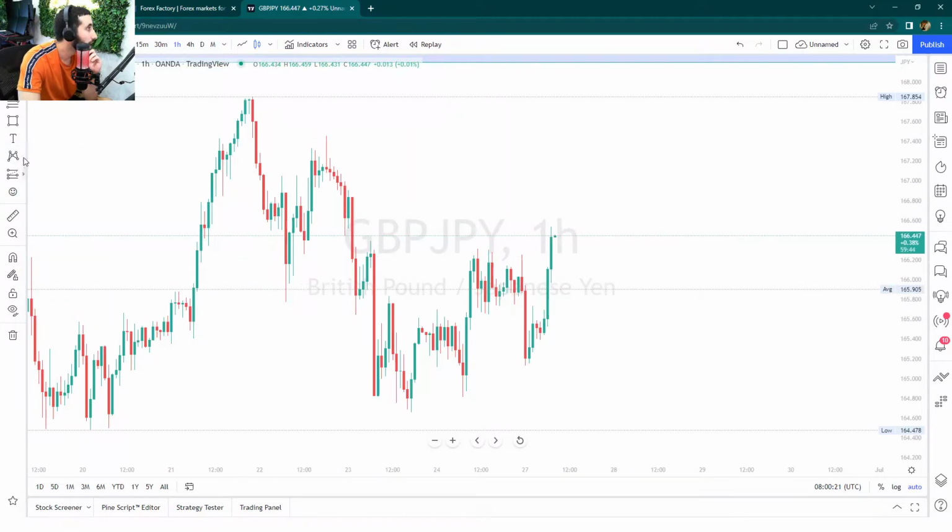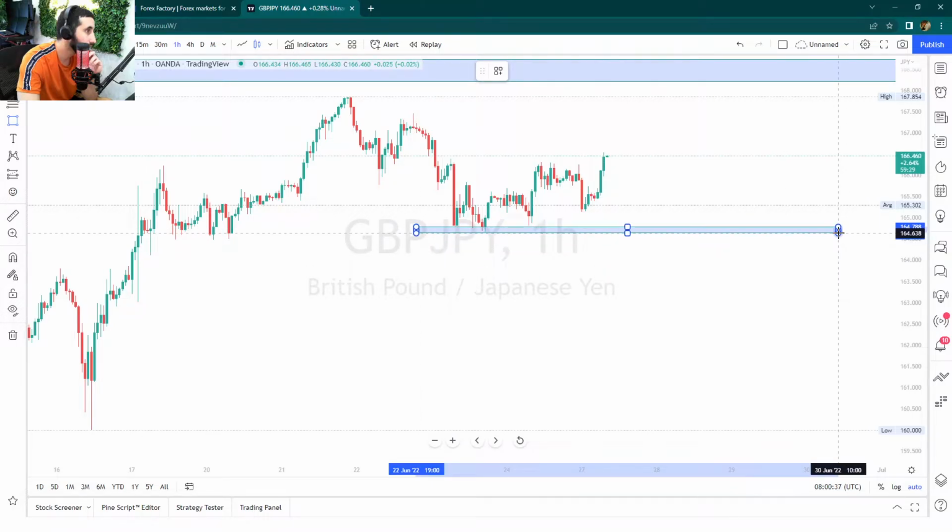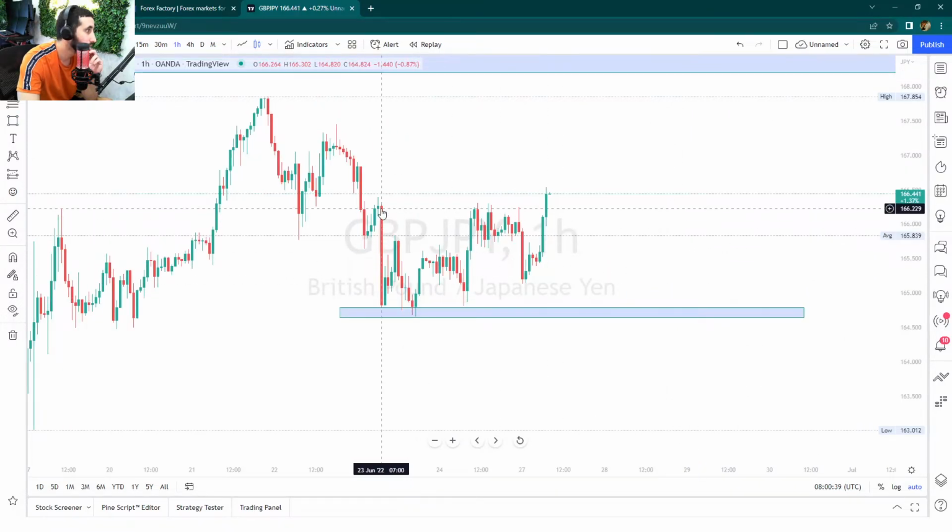So now we're looking at the minor support and resistance lines, and we can see here that there is a minor support.